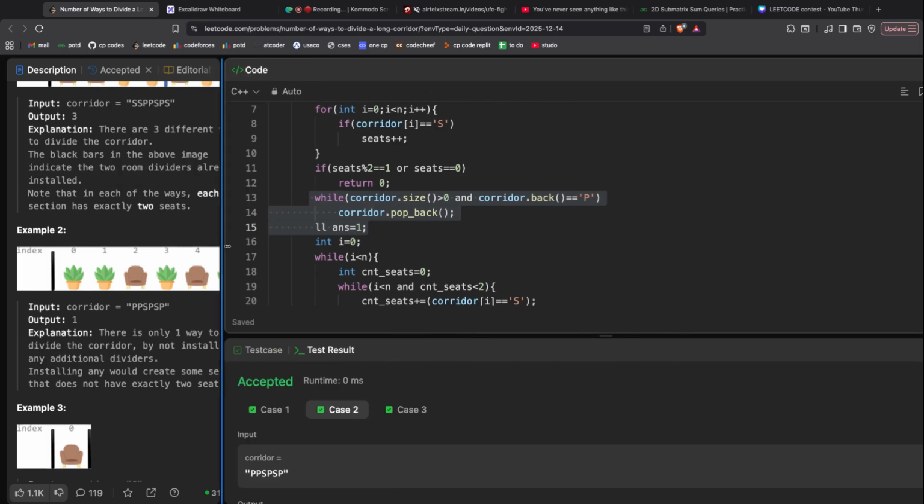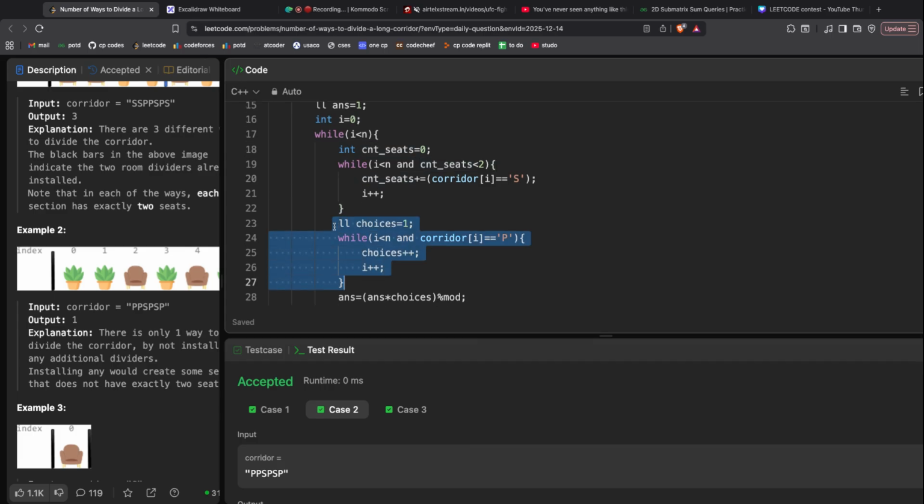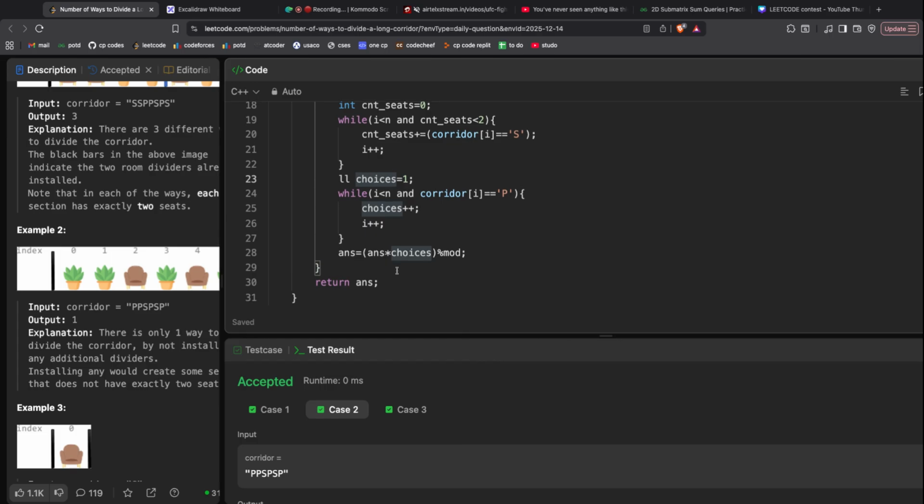Now I go over all these seats in a way that first I find my two seats. So as done here, till count of seats is less than two, I find my seats, and after it I get all the choices of plants, so the number of plants. So I only go till it's a plant, and the total choices would be the total count of plants plus one, and I initialize my choices as one.